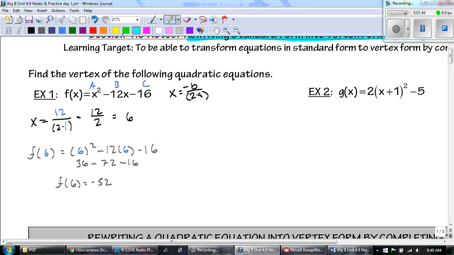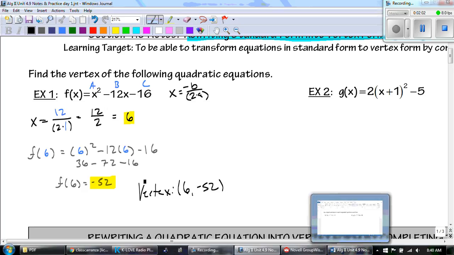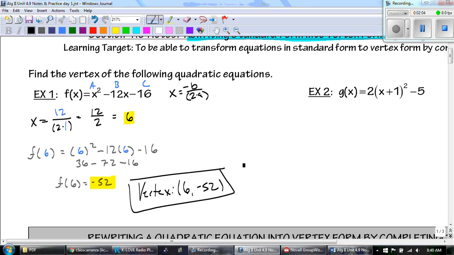Okay, so we take the 6 and the negative 52, and we get the vertex, and the vertex is (6, negative 52). So, ta-da, we're done. That wasn't too bad, was it? It's not that hard.